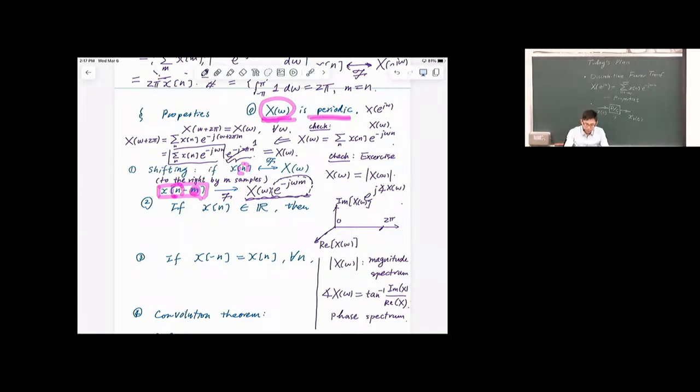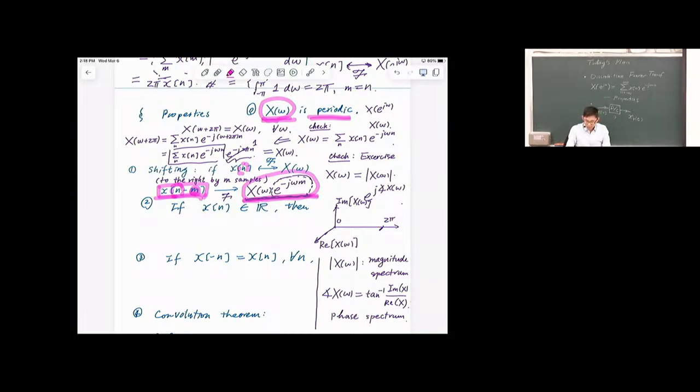So now, with this shift theorem, we come to realize that when we shift the signal in time, the resulting spectrum does not change the magnitude. Did you realize?